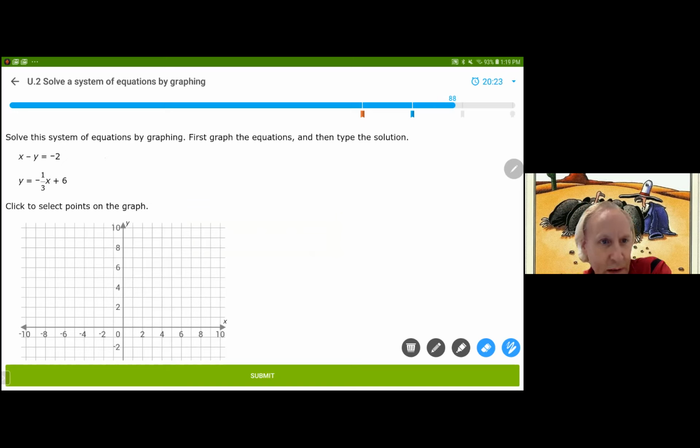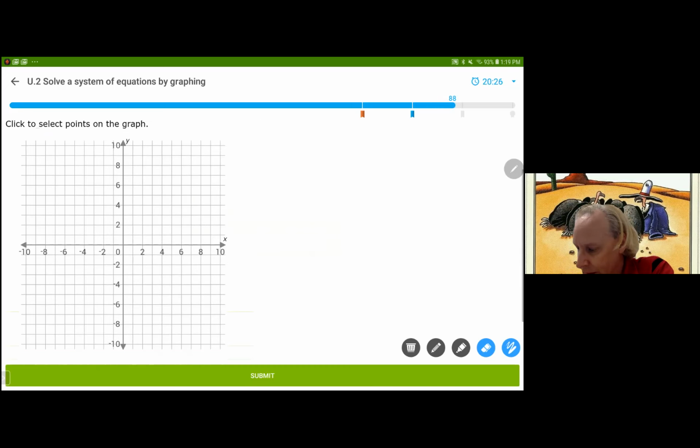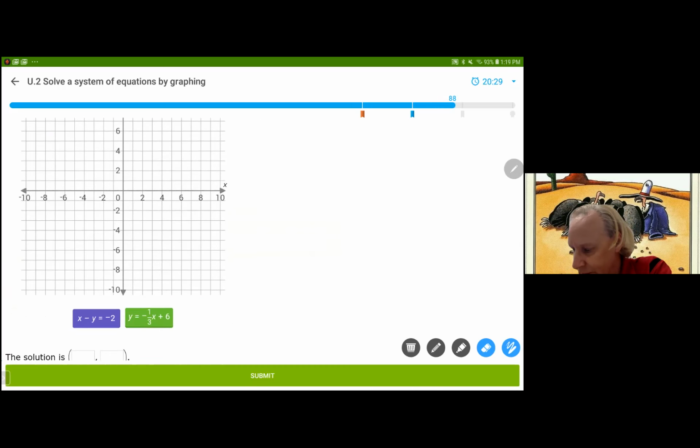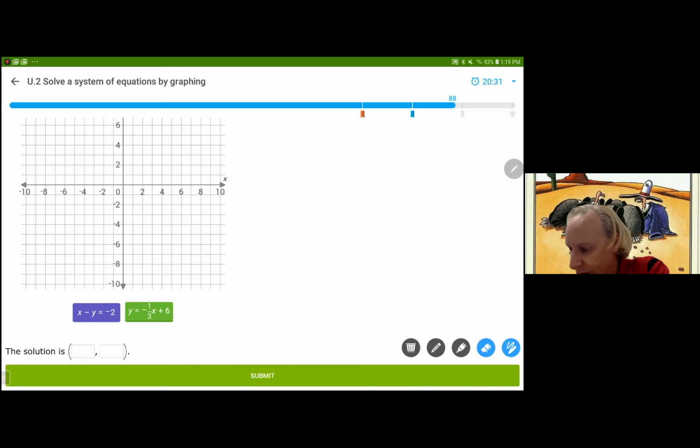Now this time, sometimes I solve for y, sometimes I don't. I think it's fine. I'm just going to do the intercepts. If x is 0, y is 2. And if y is 0, x is -2. And then I'm going to graph the other one, which goes through 6 and has a slope of -1/3.